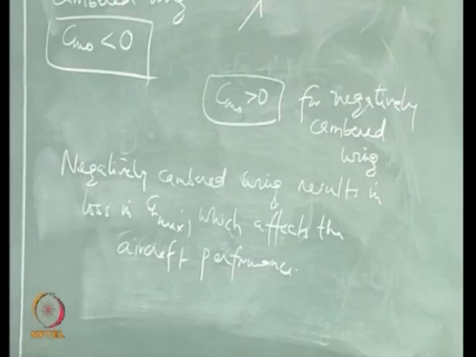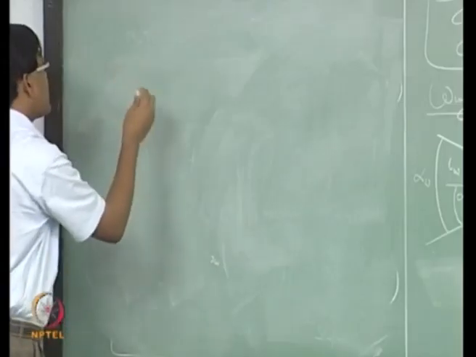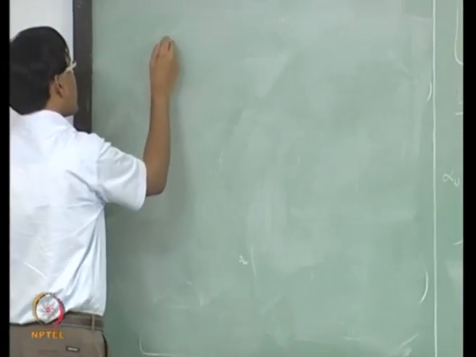This drop in CL max can be reduced if we use what is known as an airfoil section which is having a reflex trailing edge.